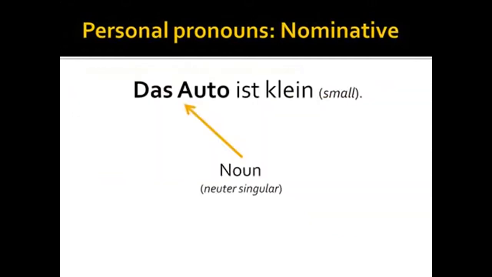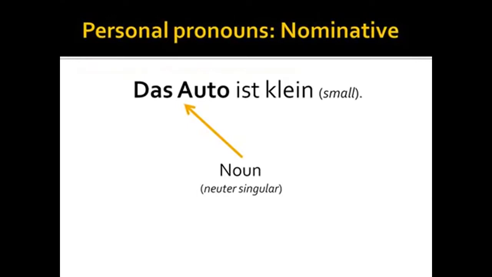That is essentially a question of convenience. Language systems tend towards simplicity. People using language systems don't want to be bothered by complex rules, so there's always a tendency over time for shortening. So, for instance, you could say, das Auto ist klein. The car is small. Now, das Auto is a noun.